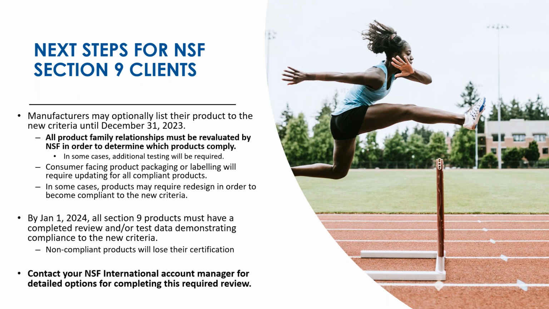As you may know, products are often tested with a test representative that represents a family of other products. So in order to determine whether that entire family complies with the reduced Q criterion, NSF will need to reevaluate those family relationships in order to determine exactly which models comply with the reduced Q criteria and which may need more testing or more information.